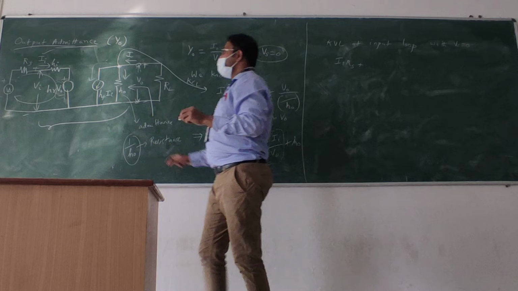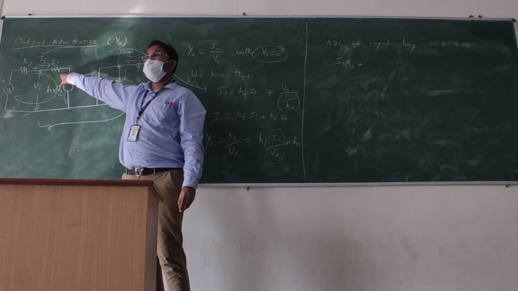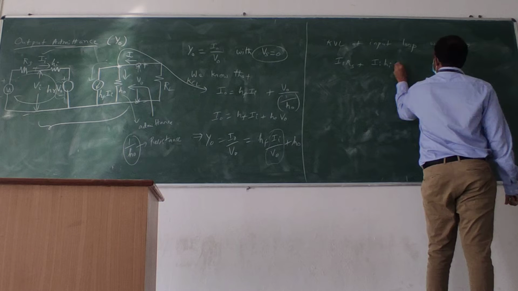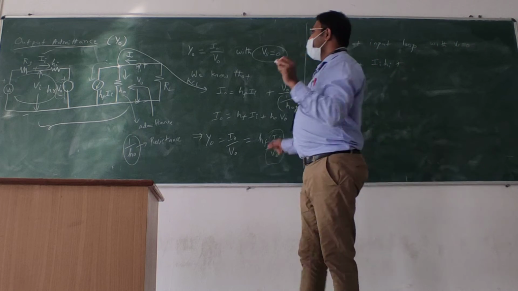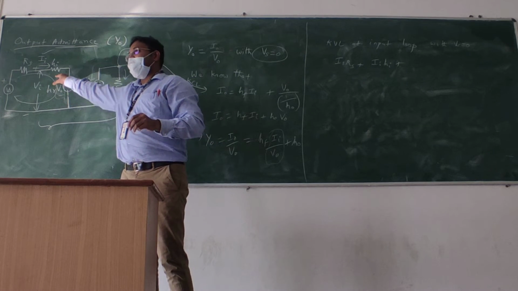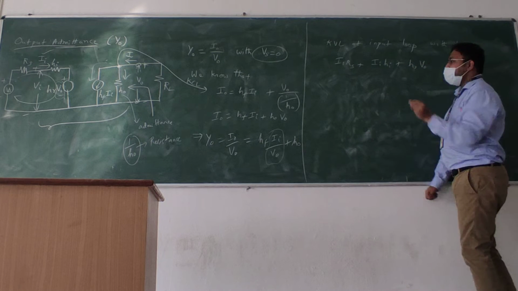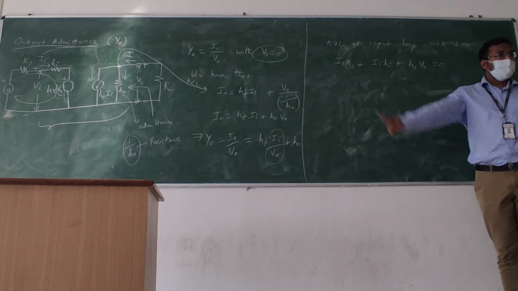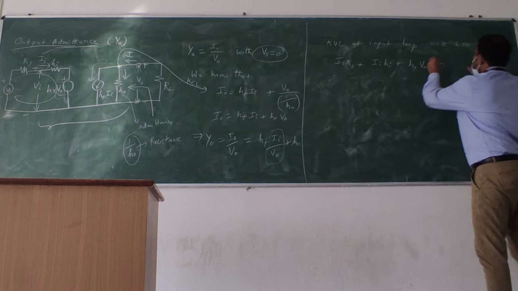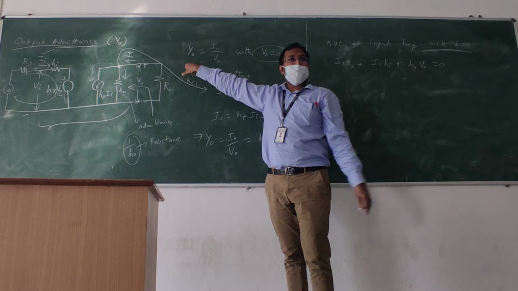Next one. Nitish, what is the voltage here? II into HI. Very good. Next. What is the voltage here? HR V naught. Direct. Okay? Directly we can take HR V naught is equal to 0. Vs is 0. That is why actually you would have a Vs term, but Vs is 0. Whenever you are finding output admittance, you have to make the source 0.